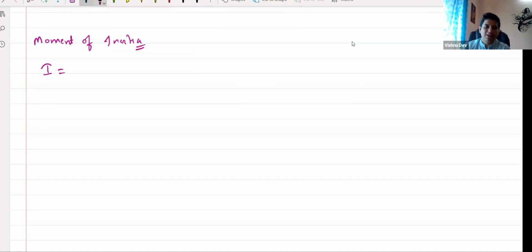So when we talk about moment of mass, it is basically m into r. That is moment of mass, right? Into r. So what we will get? We'll get m r square. Yes or no? Now we need to understand. Suppose I'm talking about this axis. Everyone, step by step.